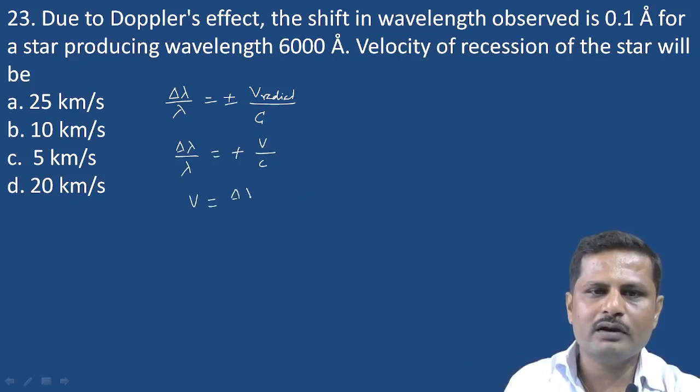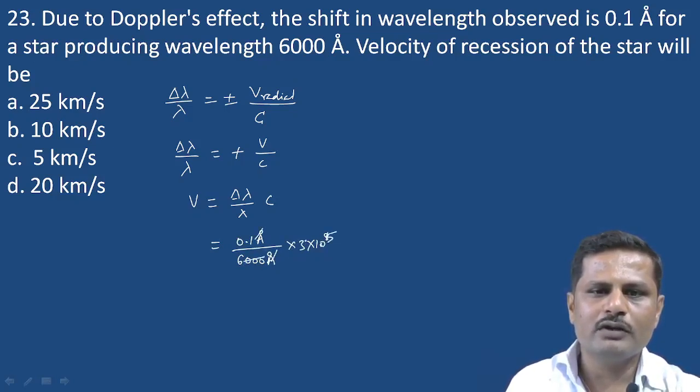So V equals delta lambda divided by lambda into C, and substituting the values now. Delta lambda here we have 0.1 angstrom, and lambda is 6000 angstrom, and C, as we know, is 3 times 10 power 8 meter per second. Here angstrom gets cancelled, and 10 to the power of 8 we have, and 3 zeros will go, so it will become 5.